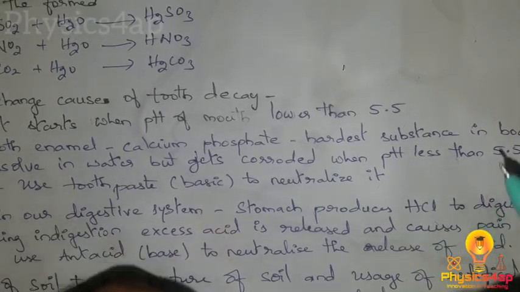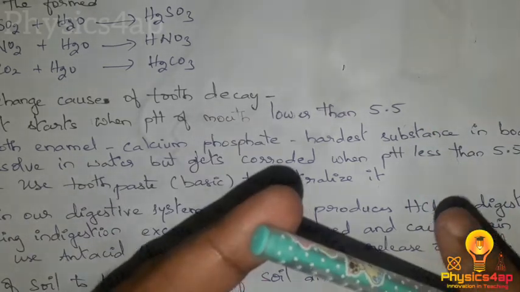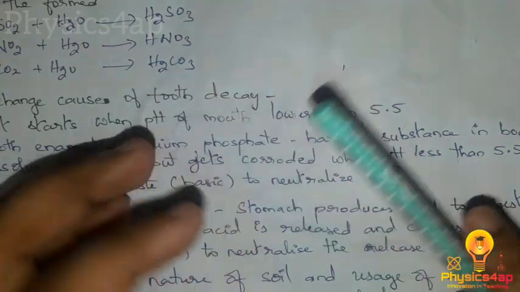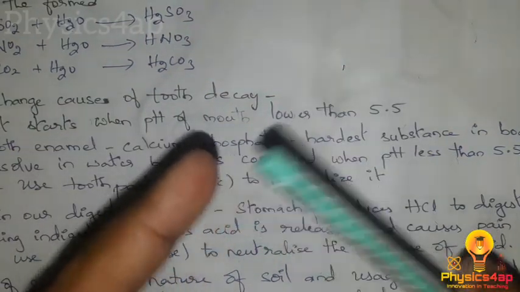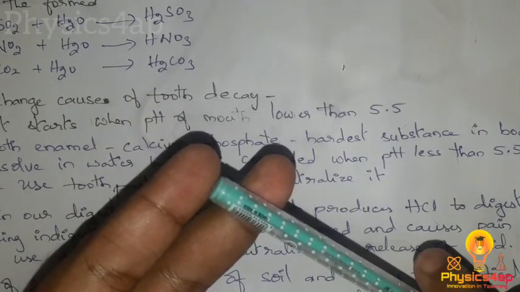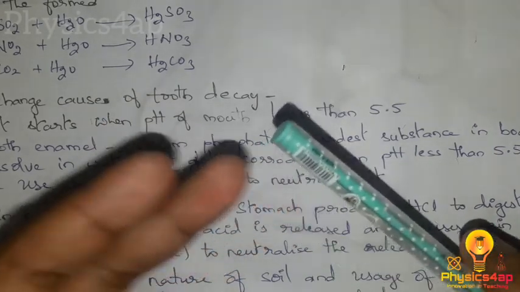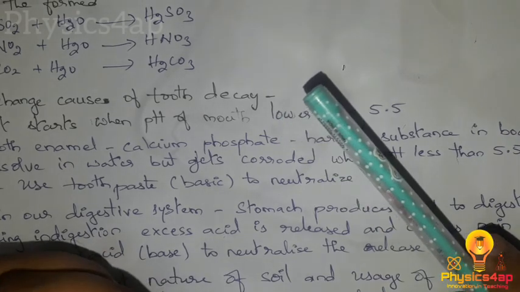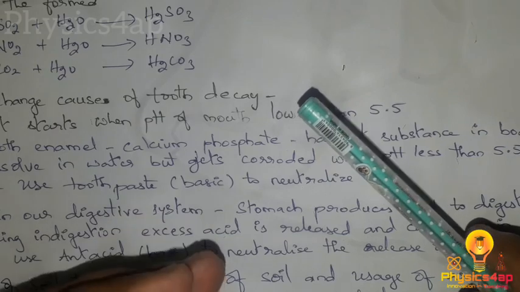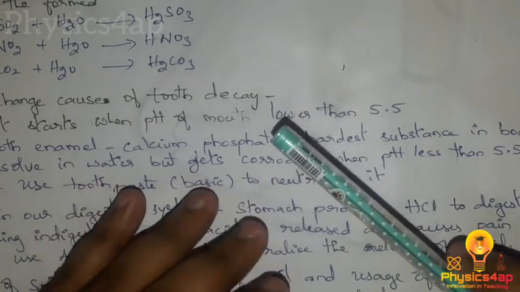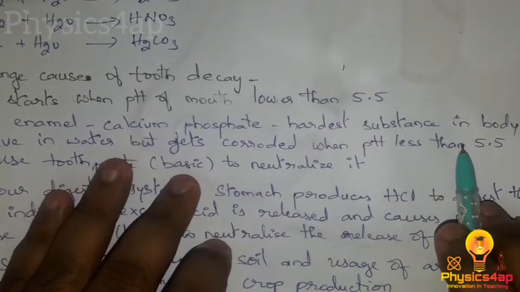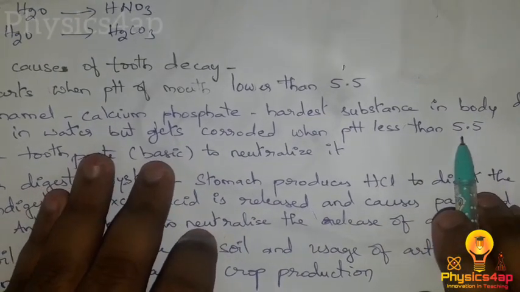The substances which we eat, like candies, sugar, chocolates, boiled rice or fried rice, whatever it may be, contain some amount of fatty oils as well as sugar substances, and they get stuck between the teeth. They get decomposed and form bacteria, and that bacteria converts them into an acid and makes the pH value of our mouth less than 5.5.